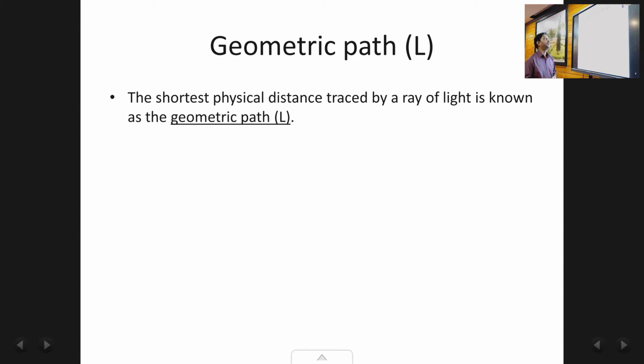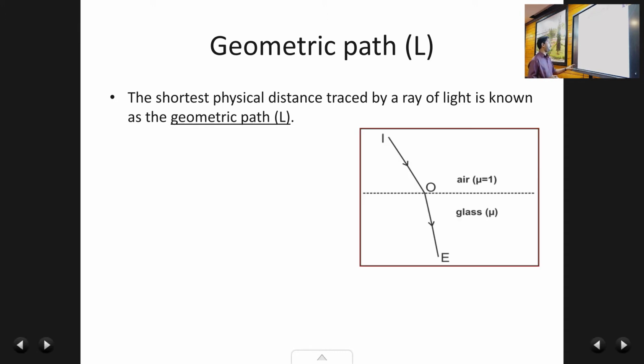Let's try to understand the meaning of geometric path with this example. We have a ray of light IO traveling from air to glass. Air, we know, has a refractive index 1, whereas glass has a refractive index mu, which will be around 1.5.